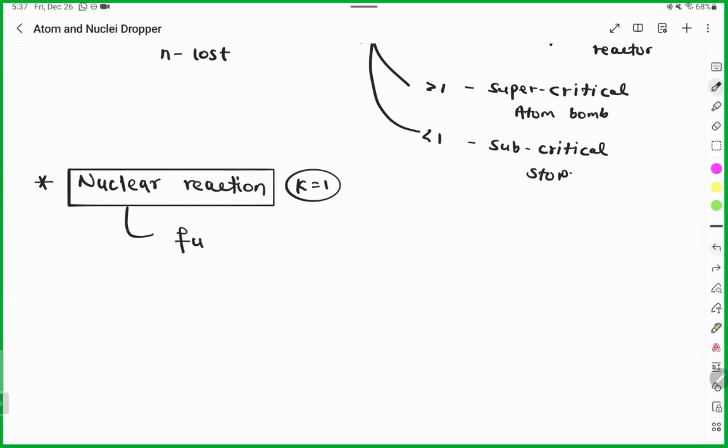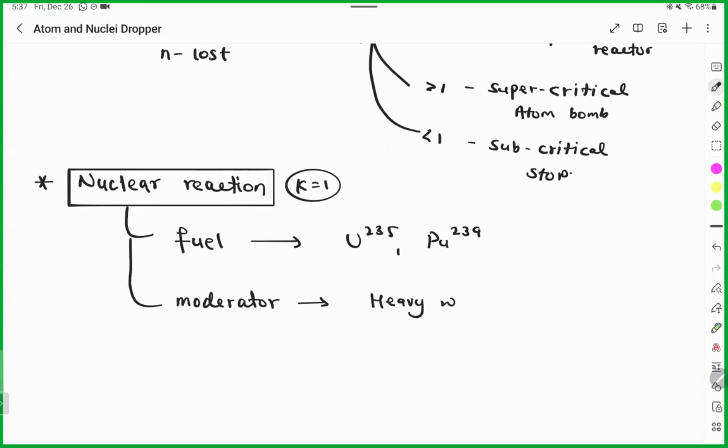This nuclear fuel is made up of either uranium 235 or plutonium 239. Plutonium is best. Then you need a moderator to slow down the speed of the neutron. For this, you use heavy water. Heavy water D2O will slow down the speed of the neutron.